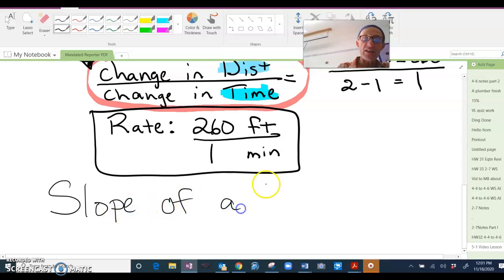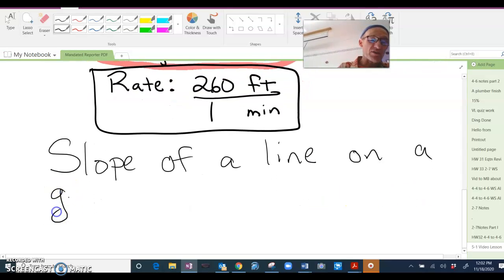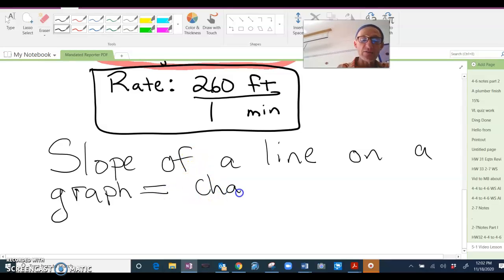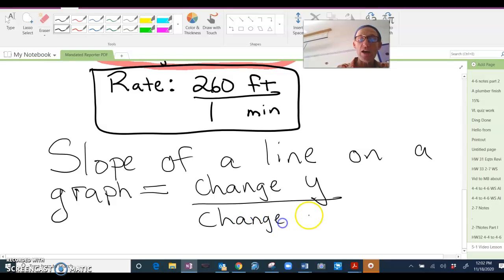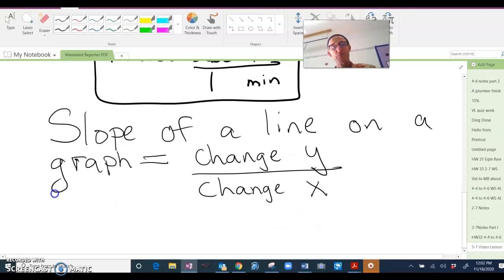Now, the slope of a line on a graph, which is the second goal, is equal to the change in y, the change y makes, divided by the change x makes.